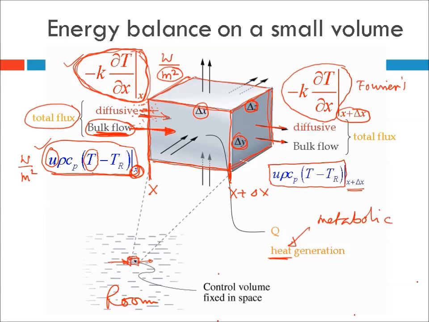So there could be other chemical reactions going on inside that would generate heat. And if this is a piece of food, for example, that you put in a microwave oven, then the water molecules in it are going to generate heat by absorbing the electromagnetic energy of the microwaves. So that would be another item that we have to consider in the energy balance.